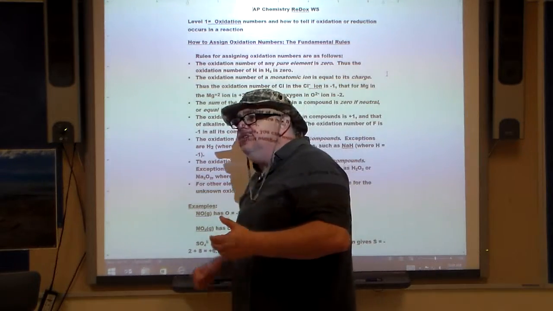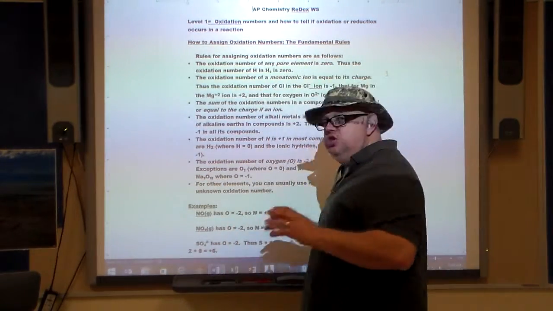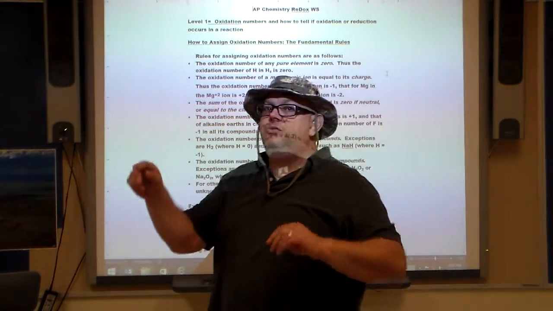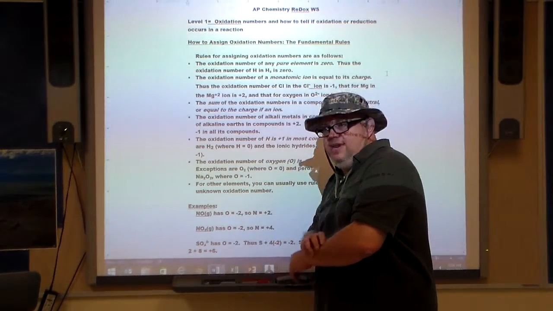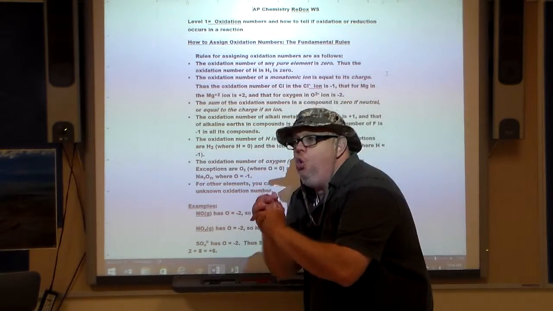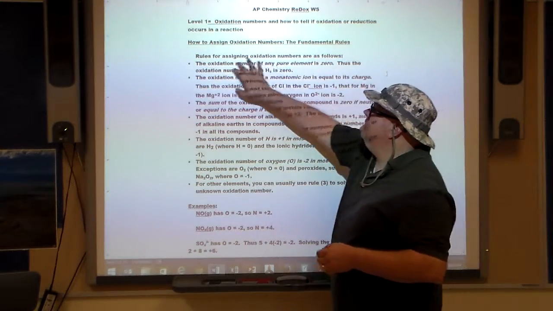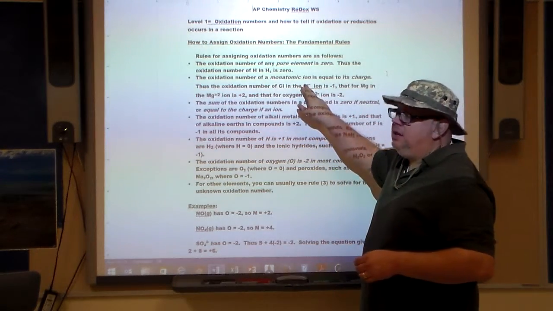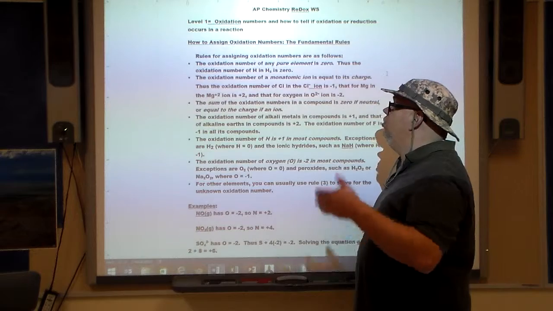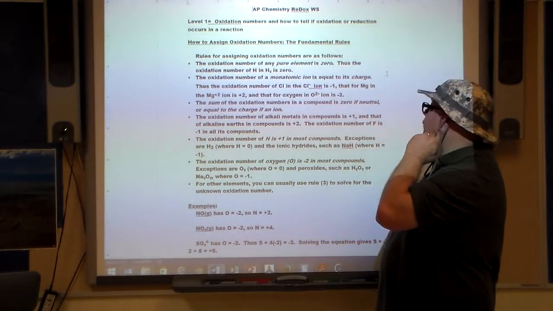If we look at magnesium with a +2 charge, guess what? That's its oxidation number. So an oxidation number could be 0, positive, or negative. It depends on the individual element itself. When the element is pure by itself, it's going to have a charge of 0 based off of the first rule. But if it's a monatomic ion, it's going to be equal to the charge that it has. So for the oxide ion, it's going to be a -2.